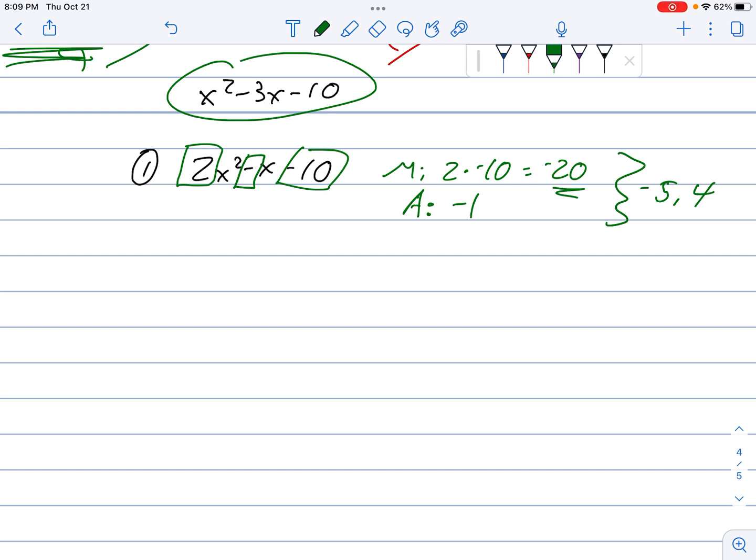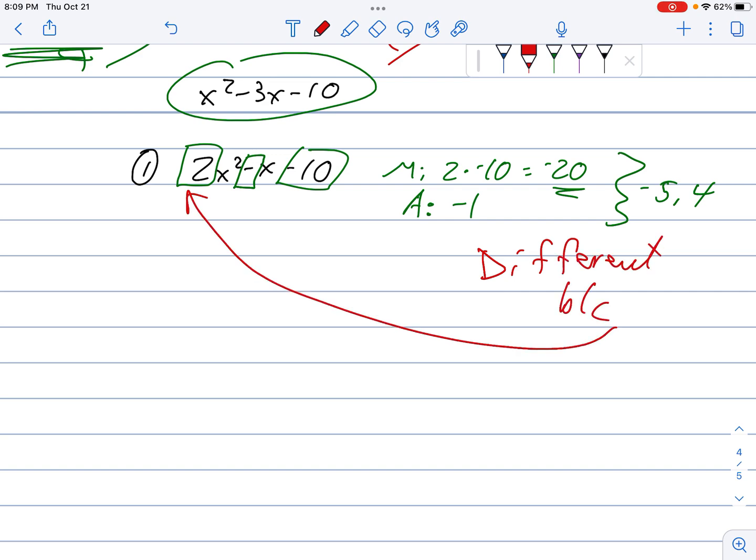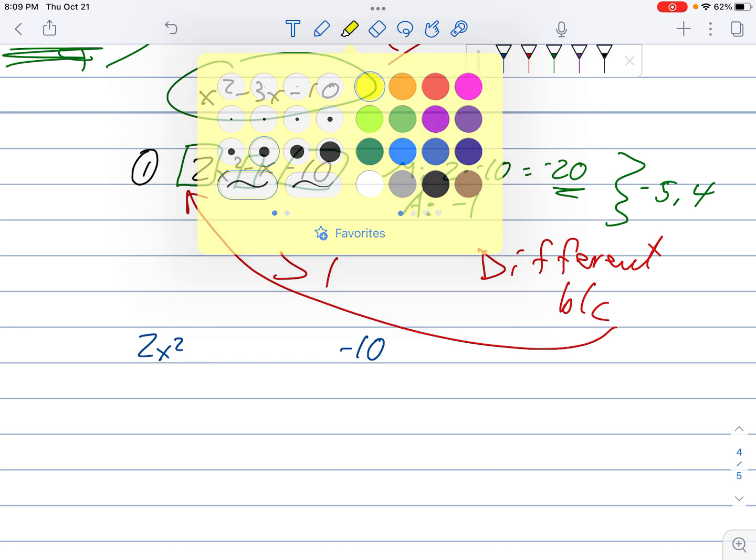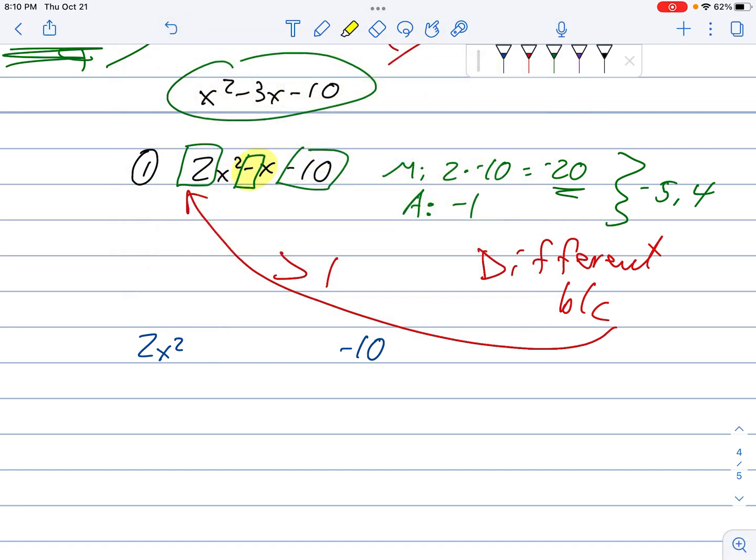Now the difference here is different because the number in front of the x squared is greater than 1. So that is greater than 1. We have to do this process where we take the 2x squared, we take the minus 10, and all I'm going to do, oops, I like yellow, is take this middle term and split it up into the two numbers I have over here.